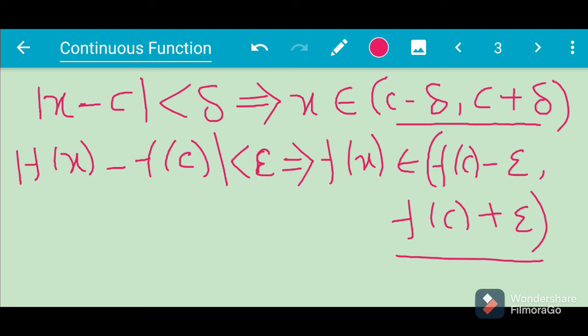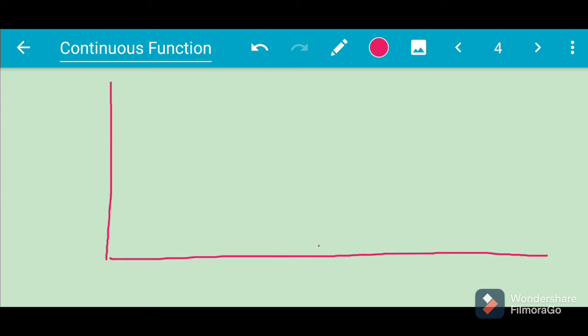Let me explain it in graphical format, then you will understand properly. Suppose this is my c.